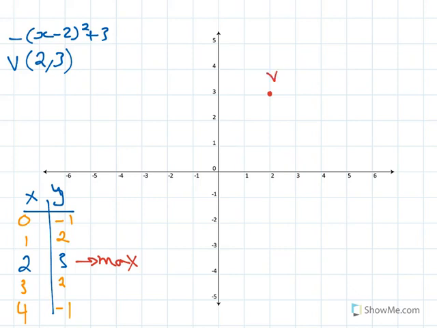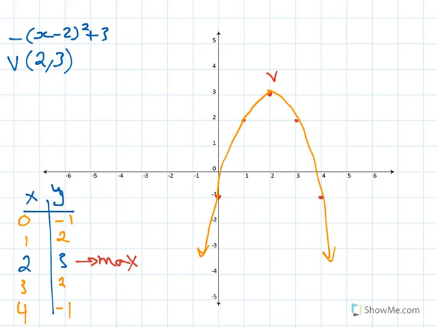That's the vertex, so I can call it V. And then you have (0, -1), that's your y-intercept, (1, 2), and (3, 2). And the last point is (4, -1). So it has to look something similar to this. Then, smoothly, you're going to graph the parabola, like so, looking downwards and everything.